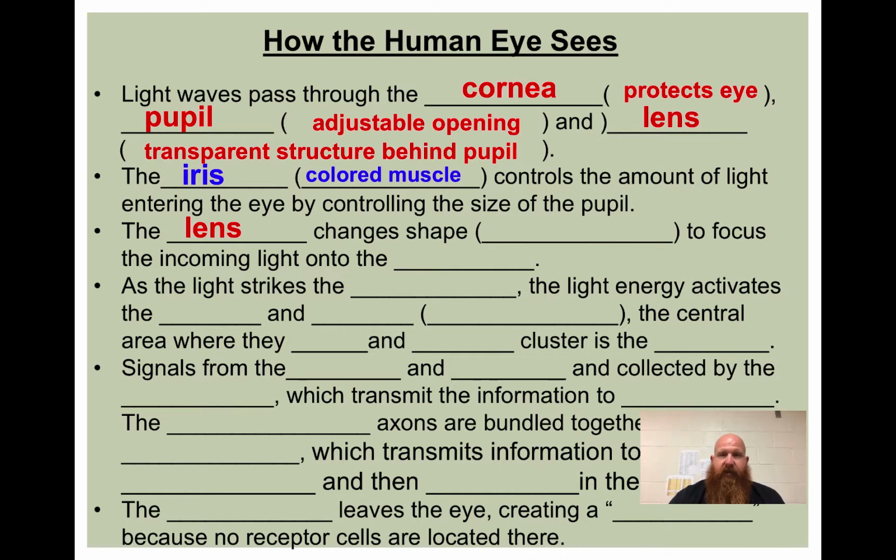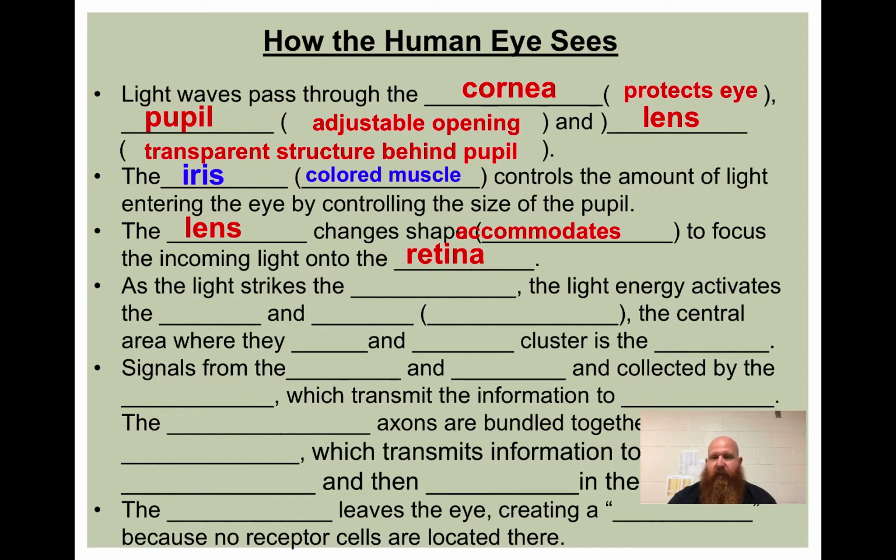The lens changes shape. It's not like glasses, where it's rigid. The actual lens in your eyes can change shape and accommodates to focus the incoming light onto the retina.